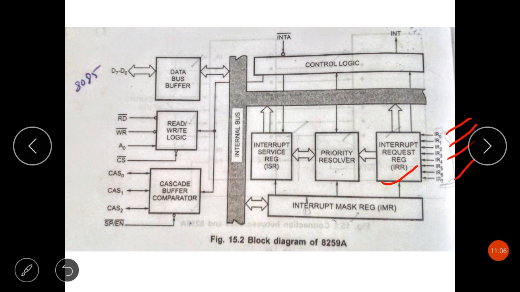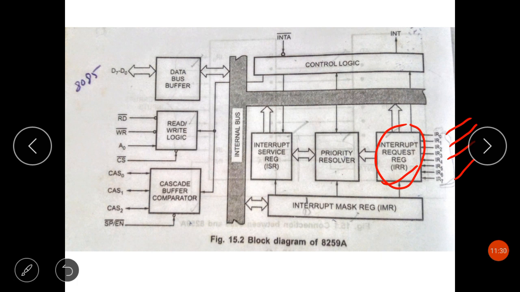The 8 interrupt inputs set corresponding bits of the interrupt request register upon service request. Again I am repeating, these 8 interrupt inputs will set corresponding bits of the interrupt request register upon service request.